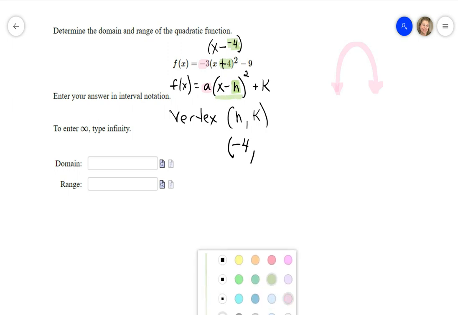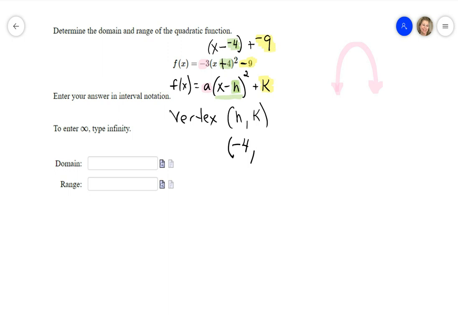The y coordinate of the vertex is whatever k is. Now you'll notice in front of k there's a plus sign, but up here where my 9 is, in front of 9 there's a minus sign. So it's the same thing. This was really plus a -9, because when you add a negative it becomes minus. Adding a negative is the same as subtracting. So my k is really a -9.